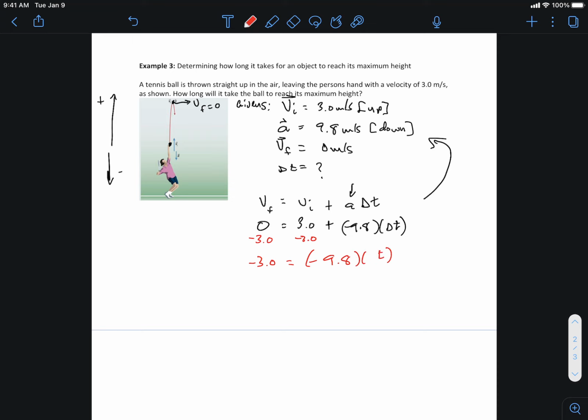Now, I just have to get delta t by itself. The 9.8 is attached with multiplication, so I can divide both sides by negative 9.8. And delta t is going to equal almost 0.3, but not quite.